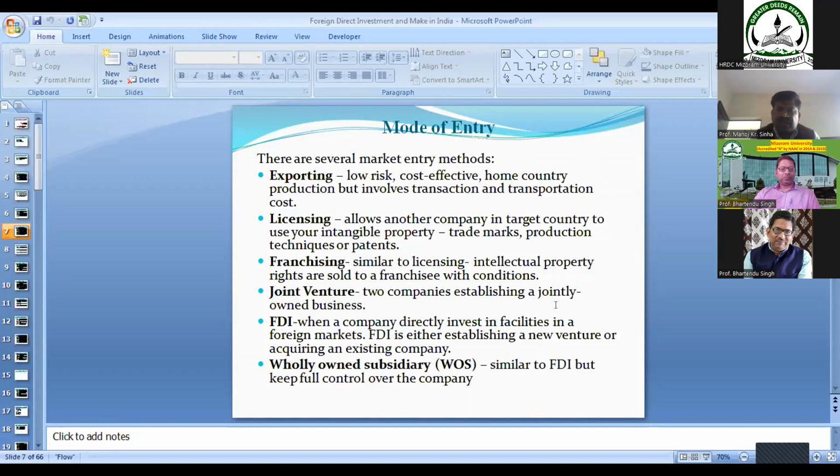In foreign direct investment, the foreign company keeps management control and production activity, controlling through its own subsidiary. And when there is 100% investment in that subsidiary, it is called a wholly owned subsidiary of the foreign company.